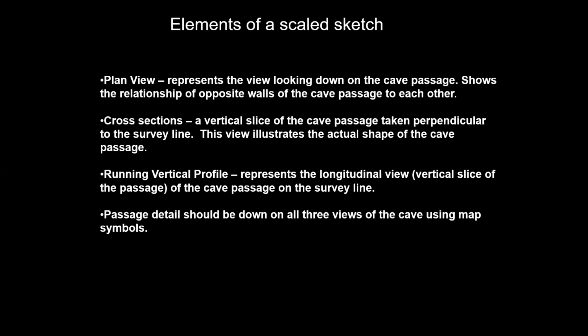So if you're going to make a really good scaled sketch, obviously you need the plan view, you have to have cross sections. A running vertical profile is fine. Some people who know my maps notice that I make sort of 3-dimensional looking maps, or I try to. I like to give them a 3D look. I do not draw them like that in the cave. I'm not sitting there drawing a 3-dimensional profile.